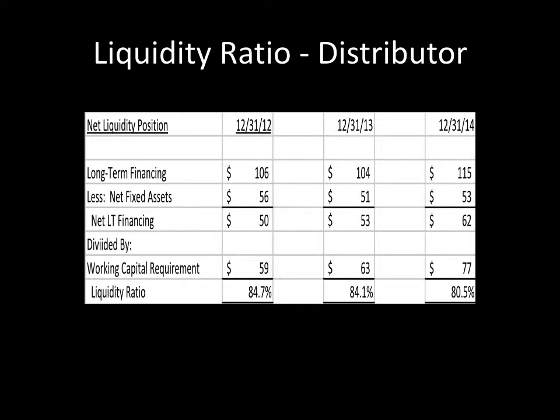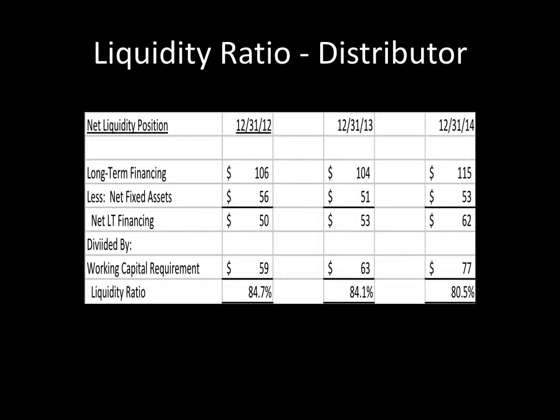Subtract out fixed assets, or net fixed assets after depreciation. They had $50,000 left over for their working capital requirements. Working capital requirements are receivables, inventory, and any other prepaid expenses, minus payables and accrued expenses, of $59,000. We take one divided by the other and we develop a ratio of 84.7%.